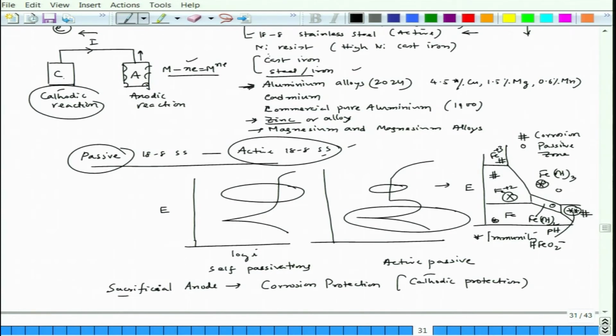Now, another example let us take here, which is the nickel case. Okay. In case of nickel, if I try to draw the nickel Pourbaix diagram, I am just drawing it schematically, I do not recall the exact values. Okay.